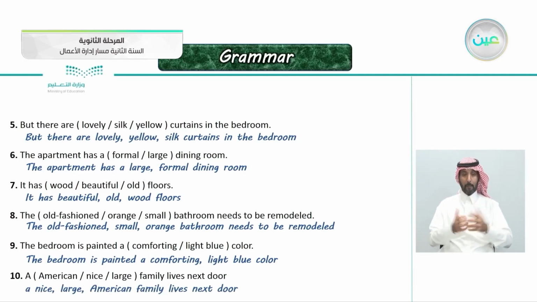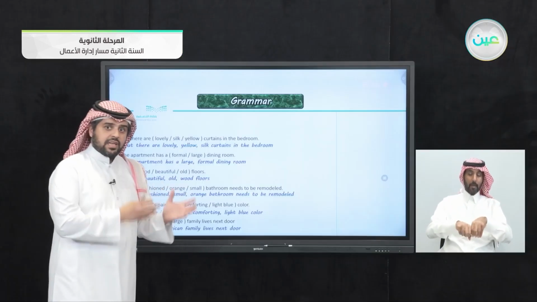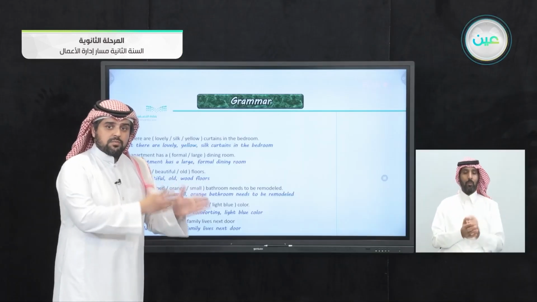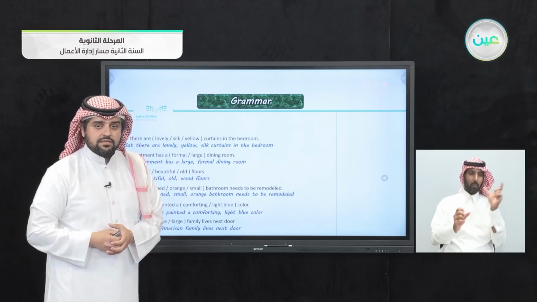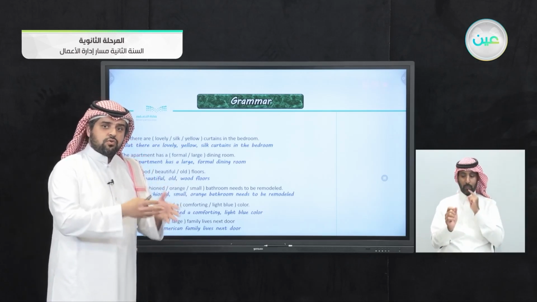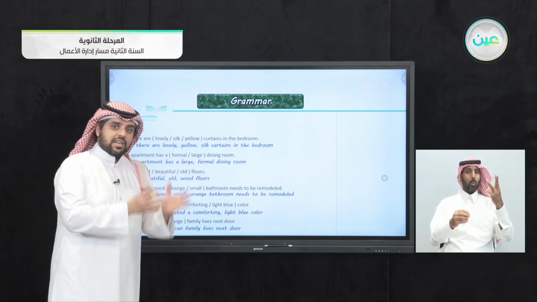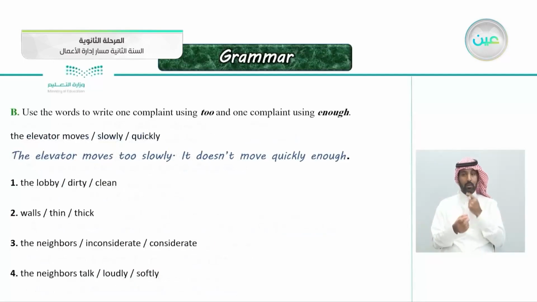A nice opinion here, large the size, American the nationality, family lives next door. Now I think you got the hang of it. So you have to remember the correct order of the adjectives if you want to use 2 or 3 adjectives to describe something.